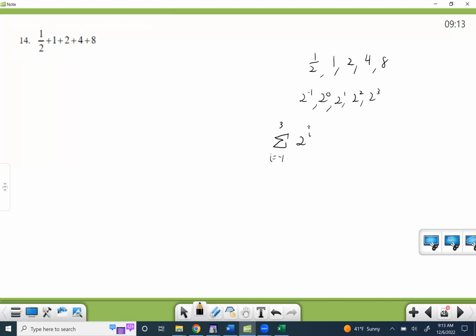So if you wanted to still start it at 1, let's just see what that would look like. If we started it at 1, we'd have to compensate the exponent. We'd have to finagle it so that we would get -1 when we plug in 1. So I think if we use i minus 2, it'll work, but let's just check it, okay?